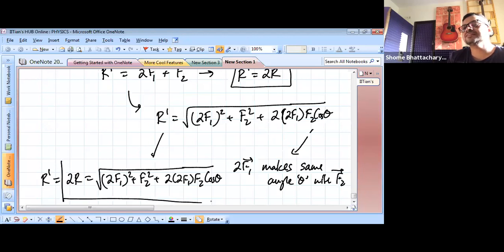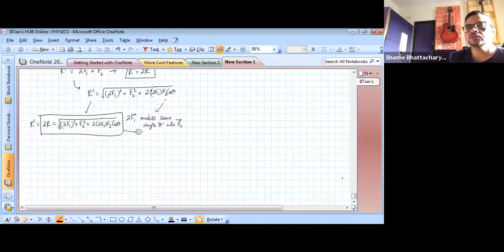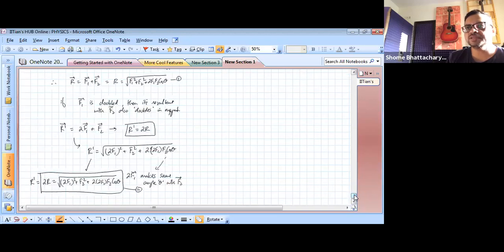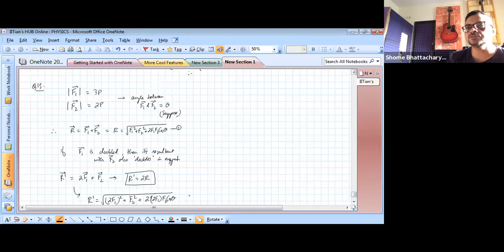So this is my second statement. Okay. And in this we will substitute what condition? That F1 and F2 individually have magnitudes of 3p and 2p. So in our statement 1 and statement 2 we will substitute these things.